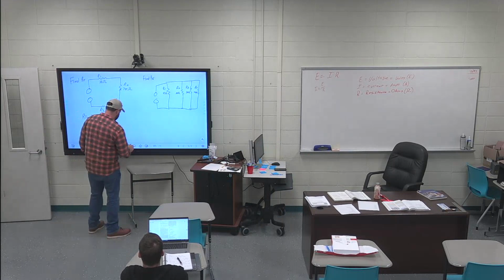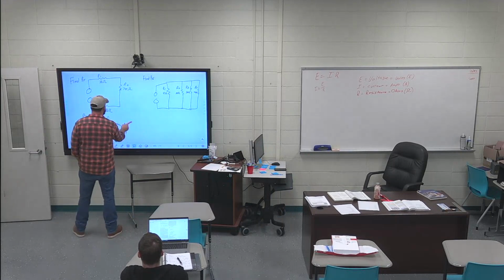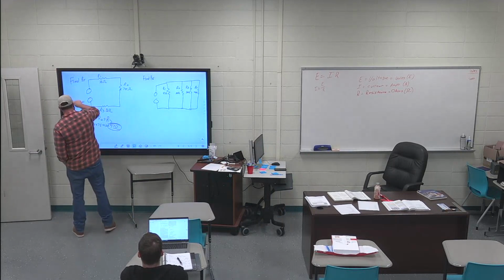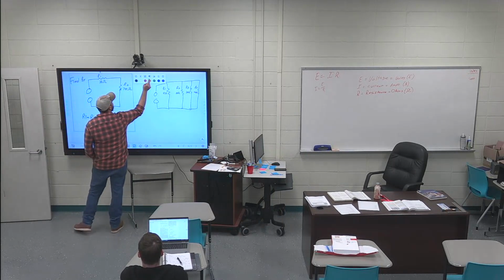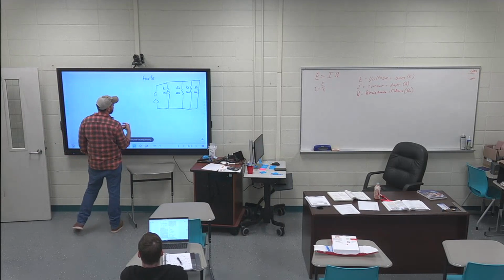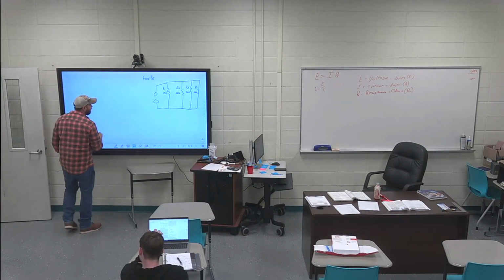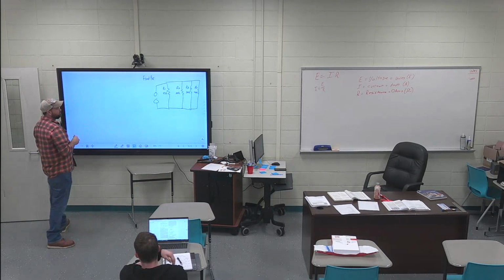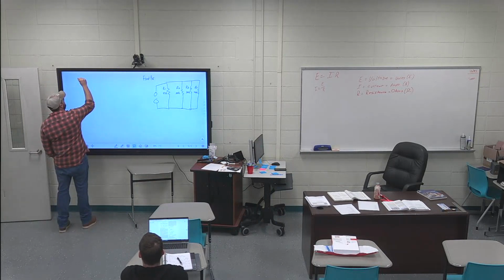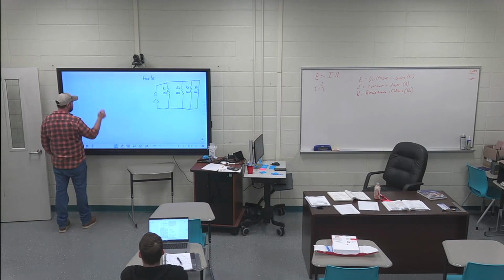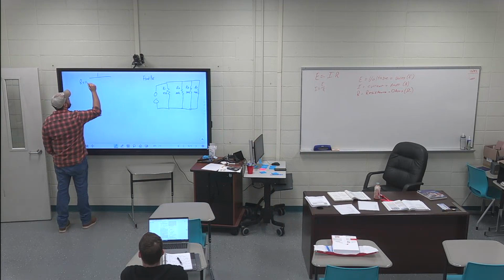So next one. There we go. All right. What's my equation for 4 resistors in parallel? 1 over R total equals 1 over R1 plus 1 over R2 and so on.